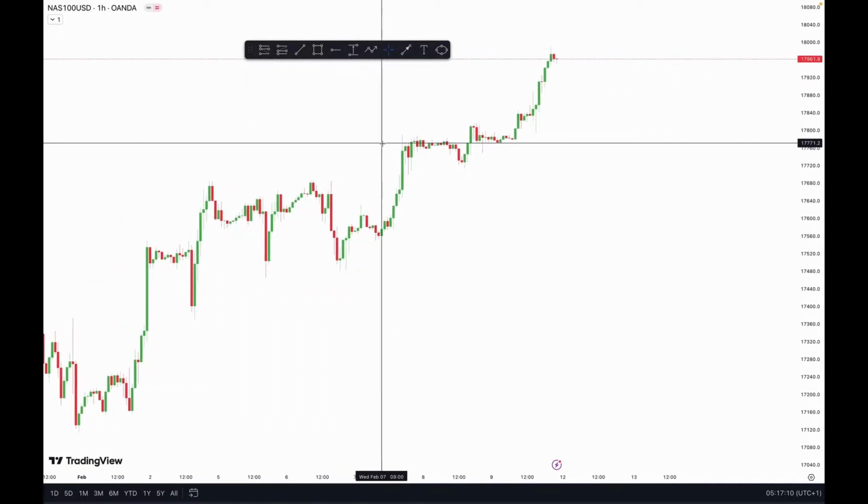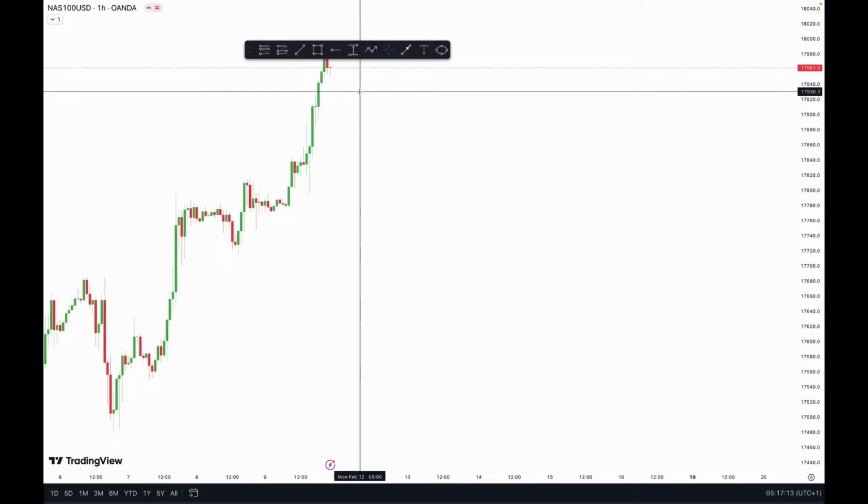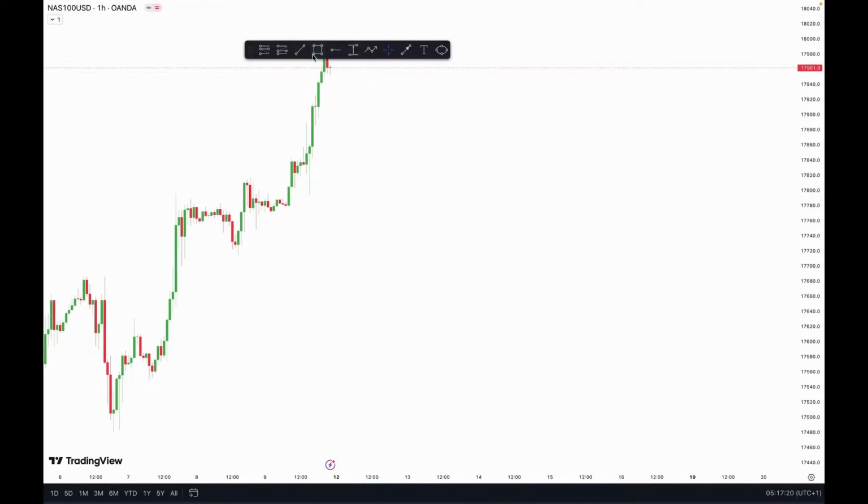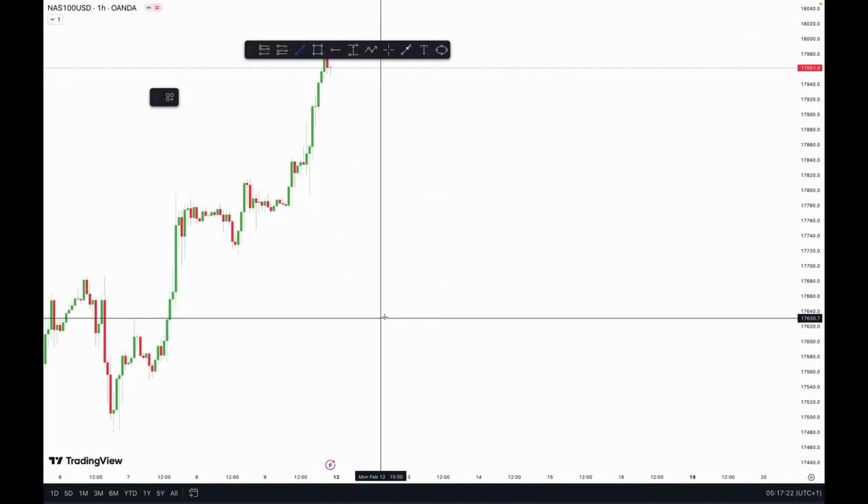The way I trade, my strategy is called ICC, which is indication, correction, and then continuation. This is what I mean by indication, correction, and continuation.